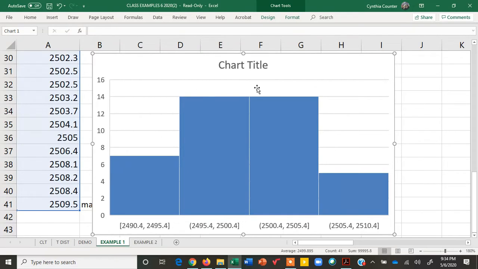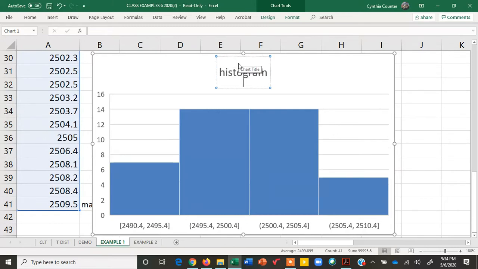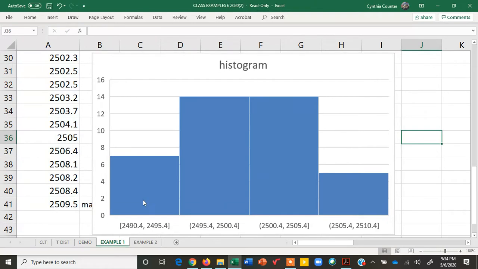So we can see it's fairly symmetric. I'm going to write here histogram, fairly symmetric. It divided it into 4 classes, which are mutually exclusive subdivisions of the data of equal size, equal width.